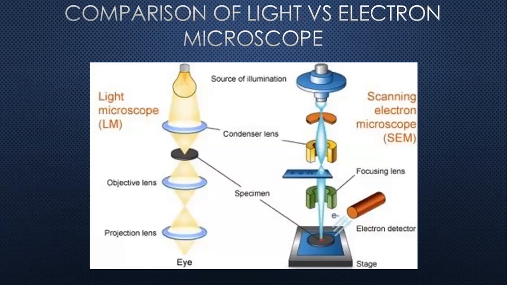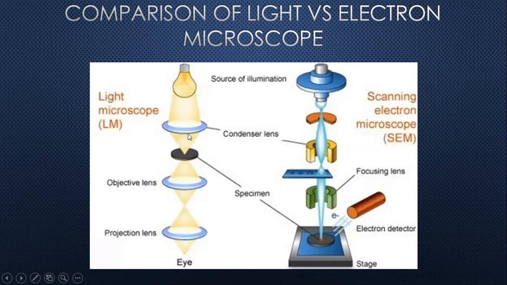If we compare the light microscope versus the electron microscope, in the simple light microscope the source of illumination is light. As shown here, we can use a lamp as a source of illumination.